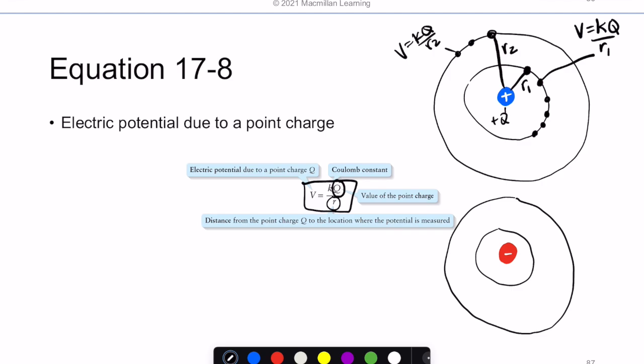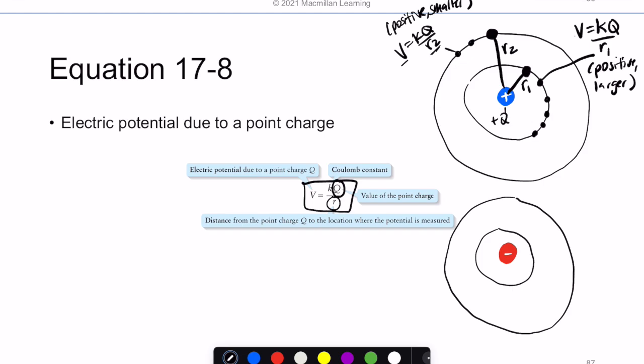So the closer you get to the charge, the higher the potential. The farther away you get from the charge, the lower the potential. But anywhere you are around a positive charge, the value will be positive. And I'll just write that here. And it's larger because it's closer to the charge, so R is small, making V big. Here, R is a little bit bigger, making V smaller.